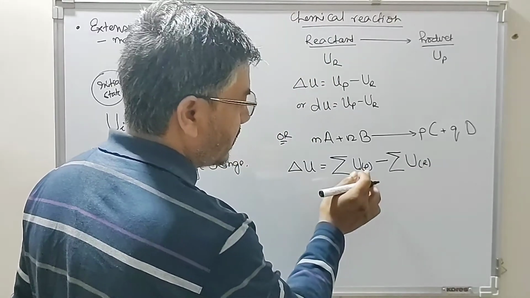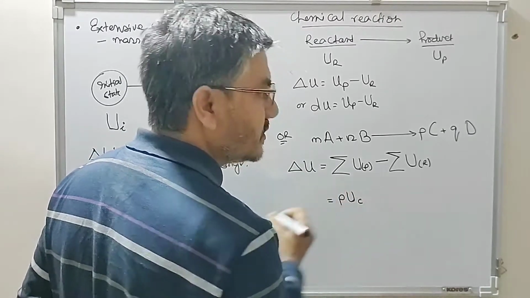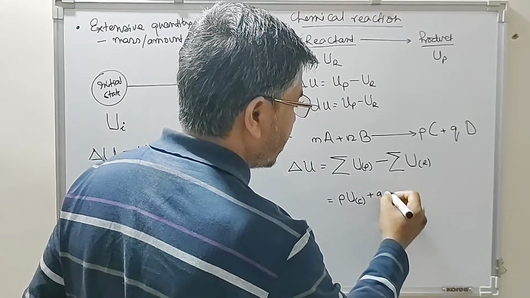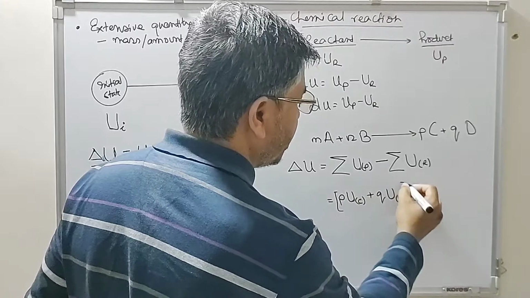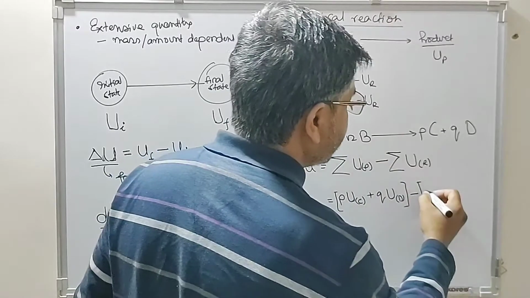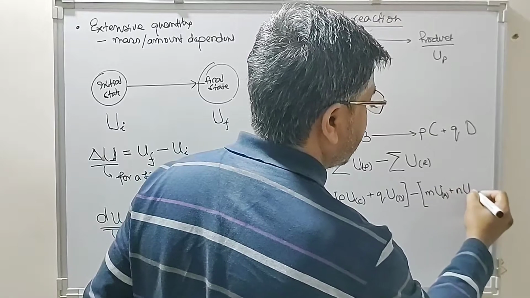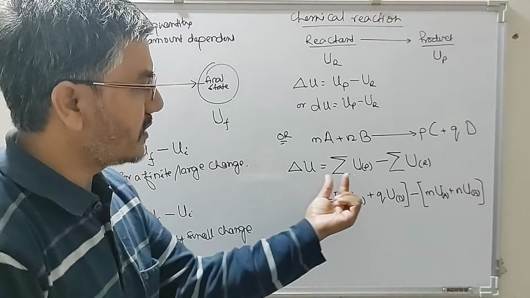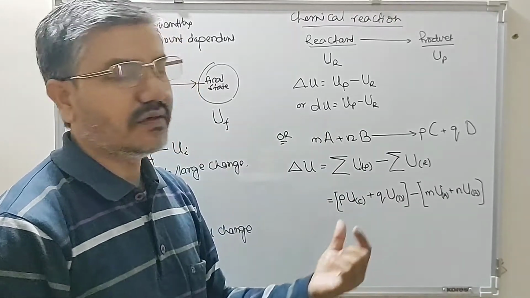So if you look at the internal energies of the products, that is p times the internal energy of C plus q times the internal energy of D, the summation of internal energies of the products, minus m times the internal energy of A plus n times the internal energy of B. This is what we mean by the summation of the internal energies of the products minus the summation of the internal energies of the reactants.